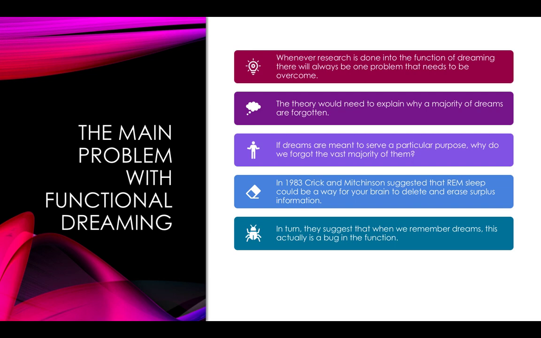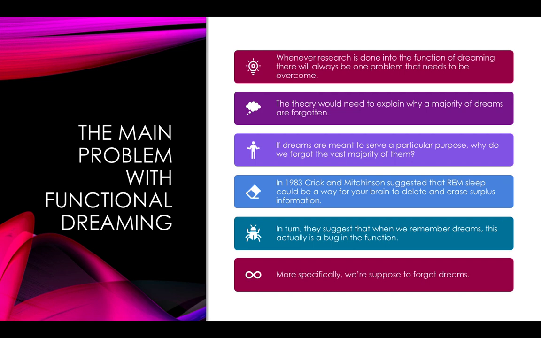We're not supposed to remember dreams, because the purpose of REM sleep, when dreams mainly occur, is for you to delete information and memories that you don't need. So that's possibly one way in which you could explain how dreaming might have some kind of function, but that they also become forgotten.